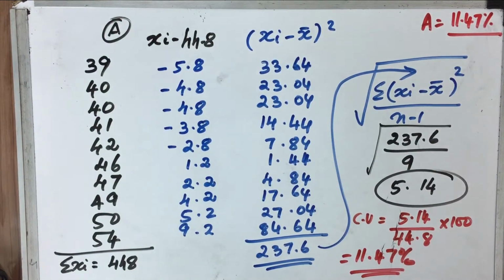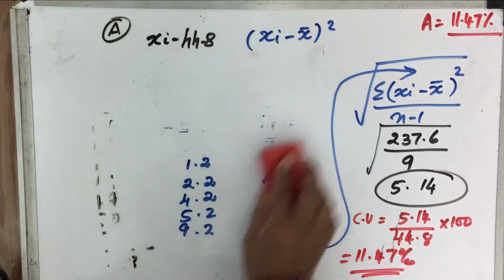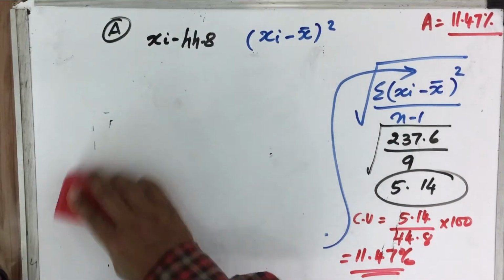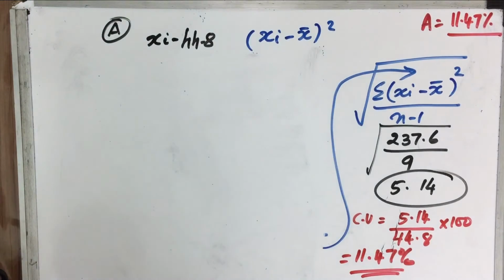So let us take another sample and do the same calculation. In the next sample, these are going to remain the same. Just to get an understanding of what coefficient of variation is all about, let us take another example.